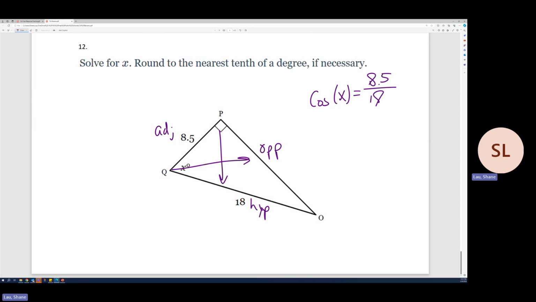And we'll solve this out. We will get cosine inverse of 8.5 over 18, which equals x, and x is going to equal 61.8 degrees. Again, not too hard of a problem. Just make sure that you're doing all the steps correctly.